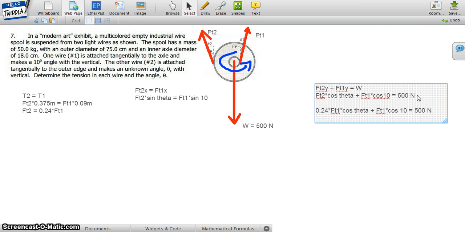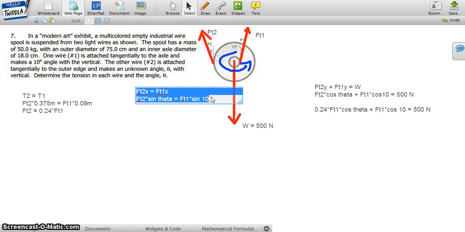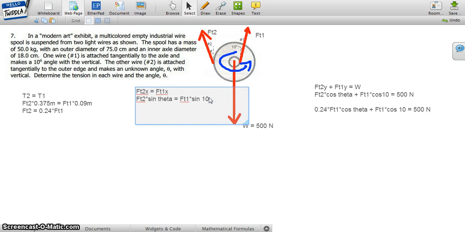For the second equation, I think I'm going to go ahead and plug in this as well. This would be 0.24 times Ft1 times the sine of theta equals Ft1 times the sine of 10.